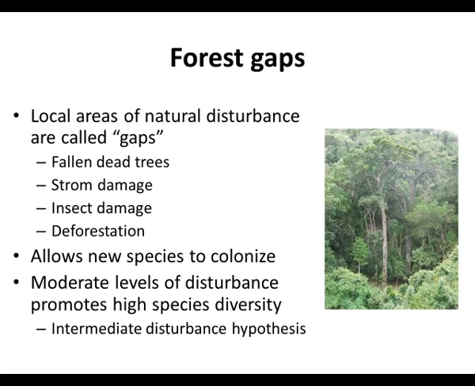So these are gaps, and the conditions in a gap are strikingly different compared to the intact forest. So these changed conditions actually allow new species to colonize. So essentially this disturbance promotes the high species diversity of the rainforest, and we call this the intermediate disturbance hypothesis.